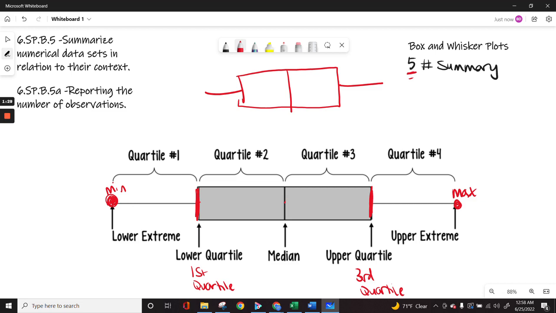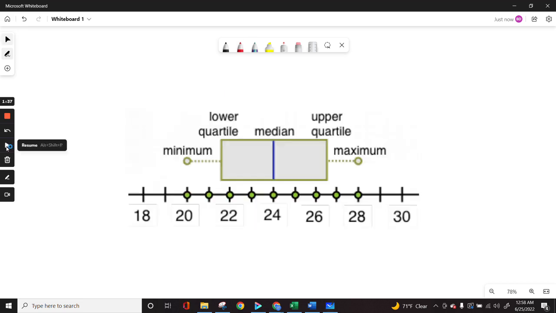So we're going to talk not so much about how to make them today as how to understand what they say and how to read them. So let's look at an example with a number line underneath so we can really see what numbers. Notice that the first number, the lowest number, the minimum, is 20. So that would be the first number in our 5-number summary.